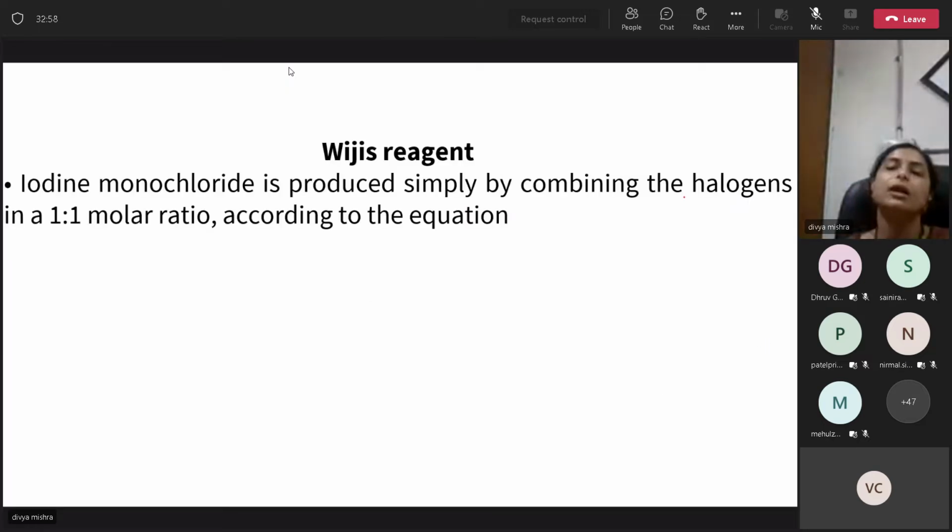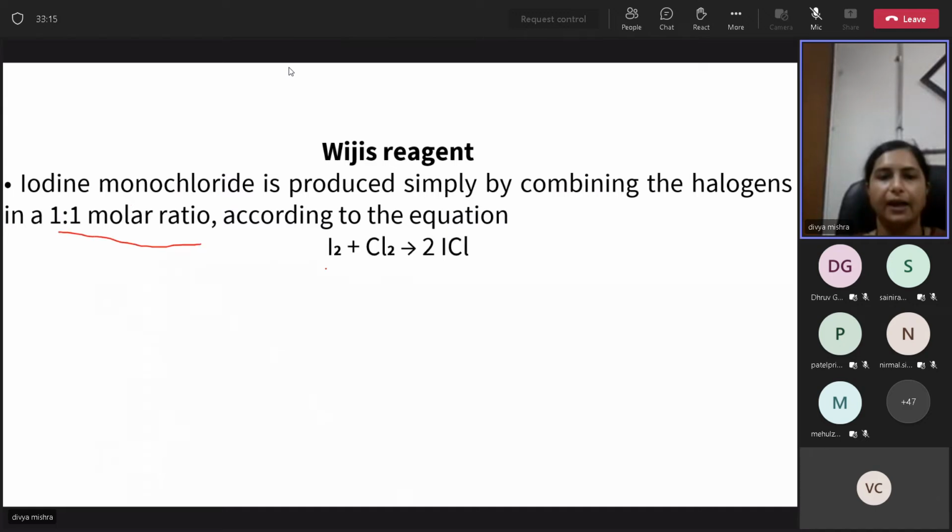Now, how to prepare the Wijs reagent? It is nothing but iodine monochloride, produced by combining the two halogens in a 1:1 molar ratio. The equation is: molecular iodine plus chlorine gas gives iodine monochloride.